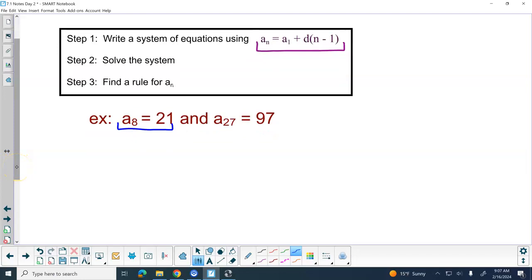So then that would be 21 is equal to, I don't know my first term, I don't know my common difference, but I know that 21 is the 8th term in it. 8 minus 1 is 7, so this tells me that 21 is equal to a sub 1 plus 7d.